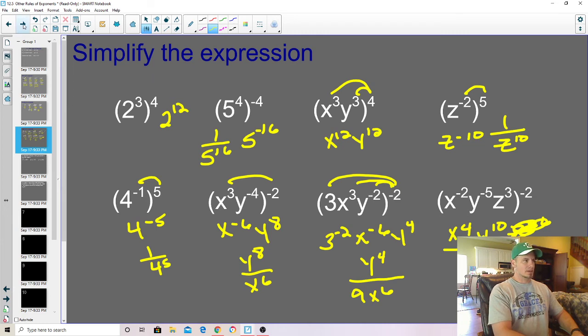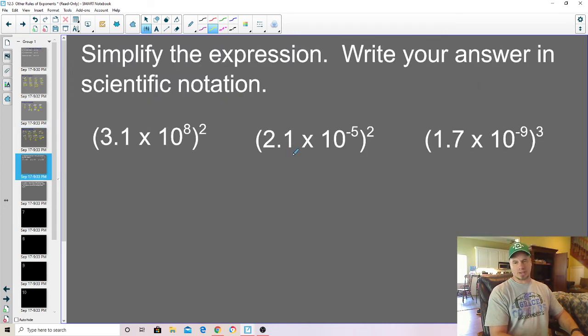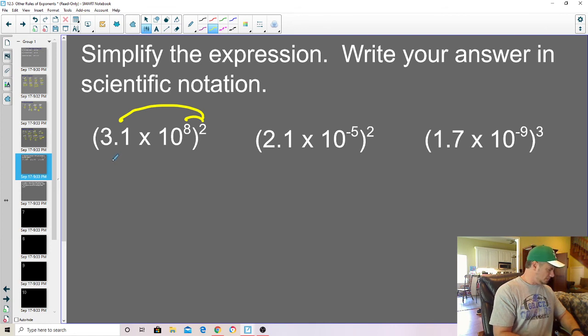Okay, next section. When you're doing scientific notation, you're squaring both things inside. So what I want to do is square the first and square the second. Squaring the first is just 3.1 squared. With some of these, you may want a calculator. I think they're easy enough numbers, but use your judgment. 3.1 squared, I believe I've got 9.61 when I square that.